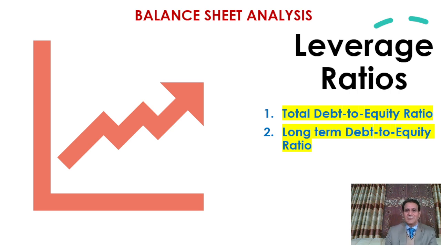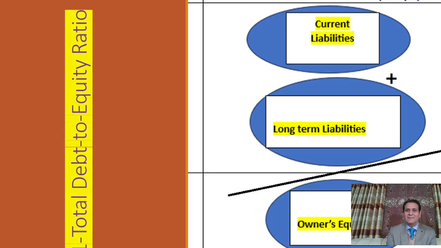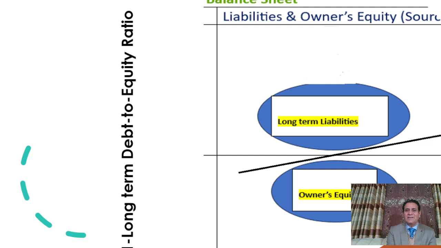Starting with the leverage ratio, that is total liabilities divided by owner's equity, that is, current liabilities plus long term liabilities. This is the first ratio. And the second ratio is long term liabilities divided by owner equity.